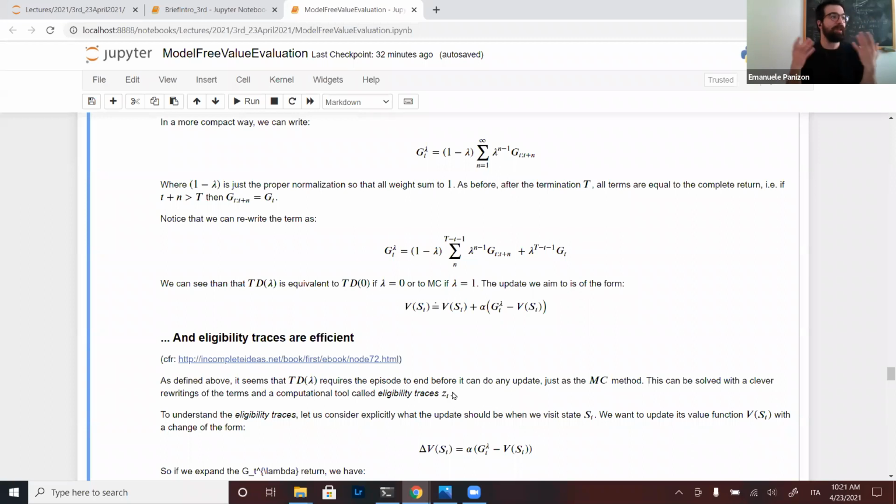Okay, so eligibility traces, in a sense, are a tool which we can think of as an empirical tool. I don't want to change only one state. Let's say I have experienced state 0 and then I experience state 1. I do not want to change only state 1. I want to change also state 0 because it was just before.